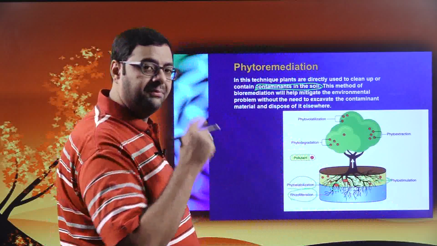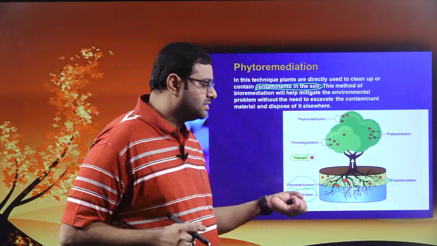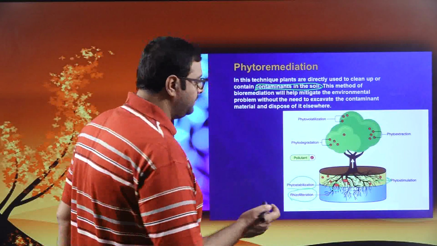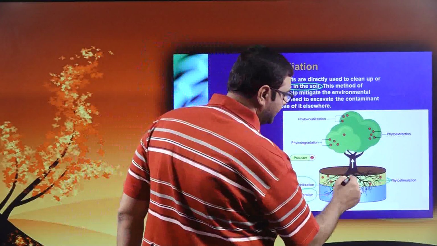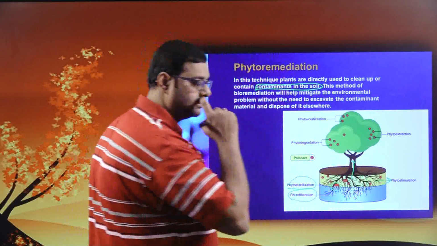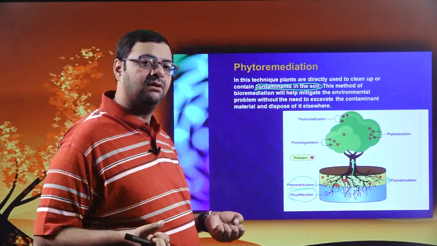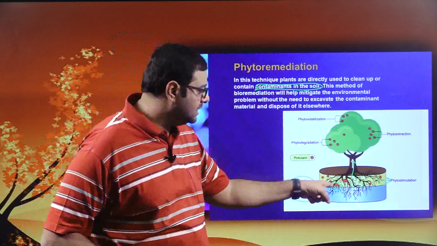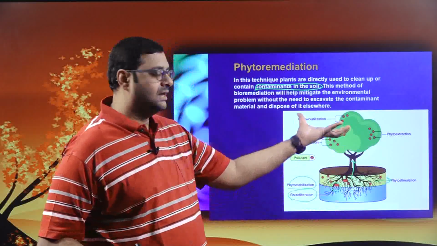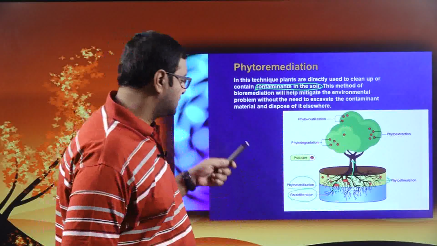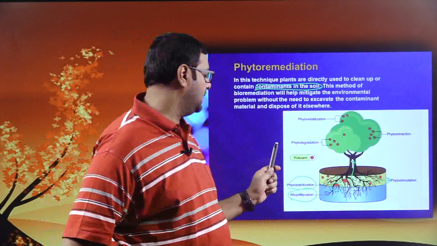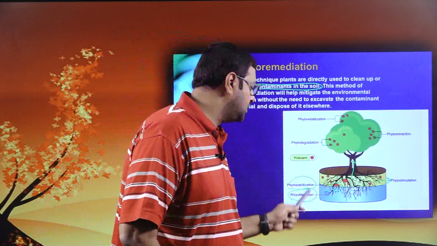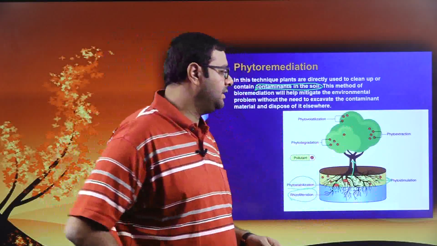Phytostimulation means those nutrients are stimulated, and when they go up they will enter into the plant, because when you water, the root sucks up the water and all the pollutants in the soil get absorbed. First is rhizofiltration, then phytostabilization, and then phytostimulation.